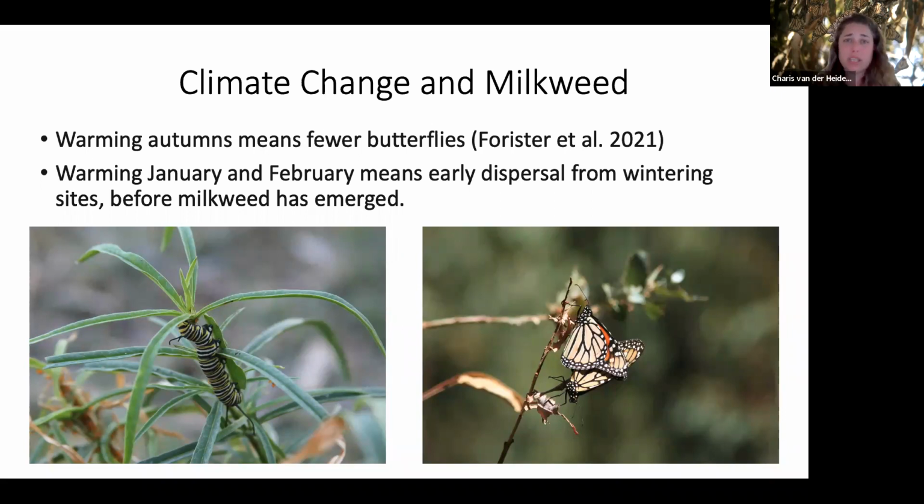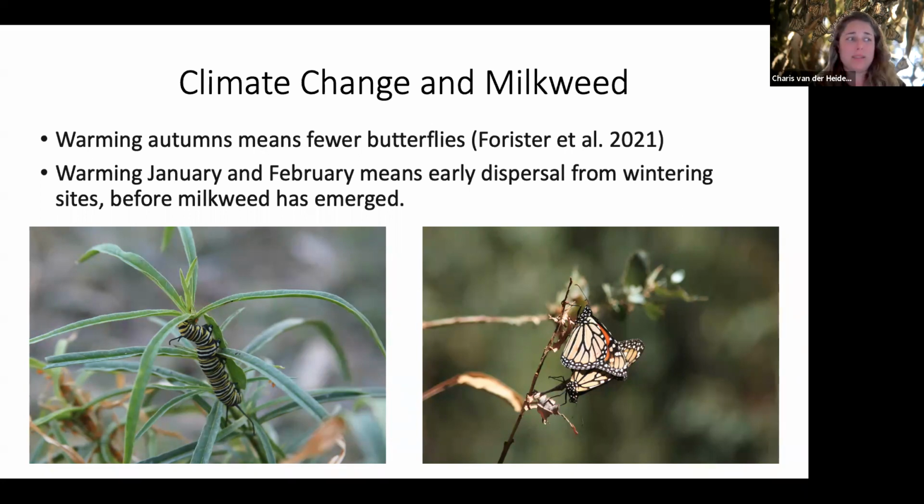And so we're also seeing warming Januaries. When they're at their overwintering sites, a warmer January that we've seen in the last 3 years means that they are likely breaking out of their overwintering dormancy, and we're seeing them leave the overwintering sites earlier.